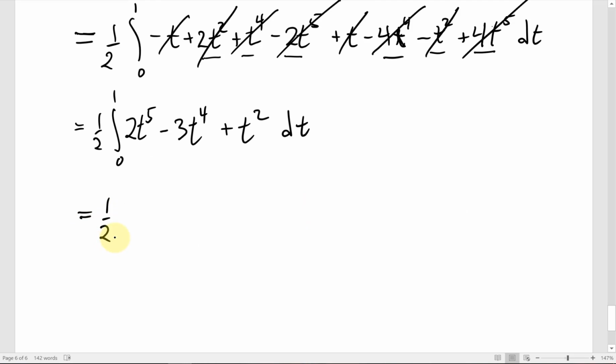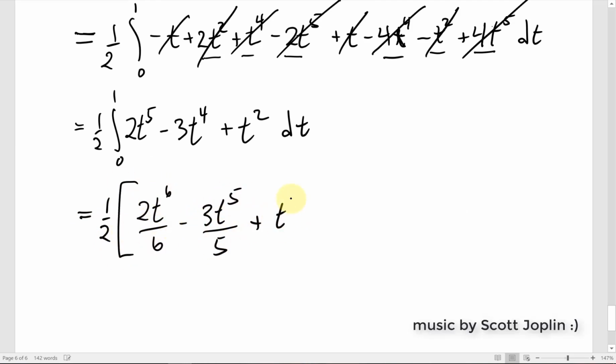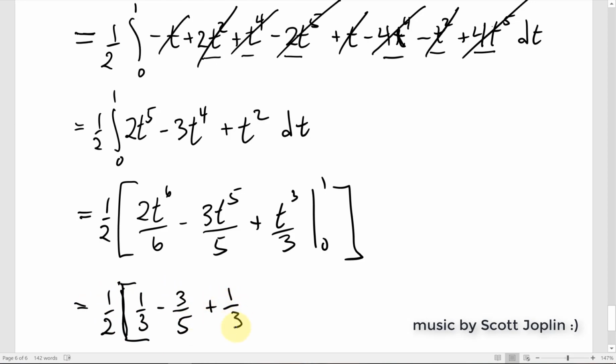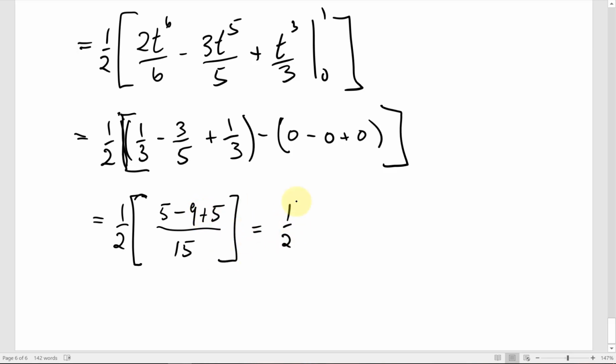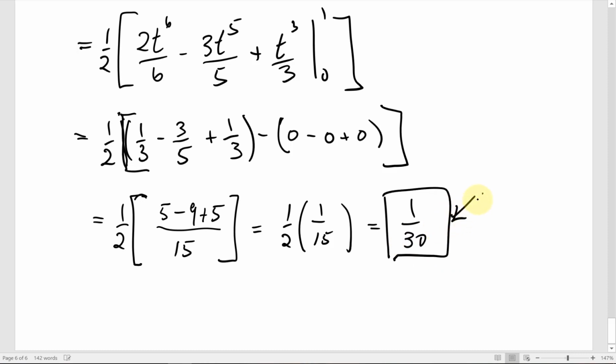And from there, it's pretty straightforward. Okay, there it is. That's the answer for the third one.